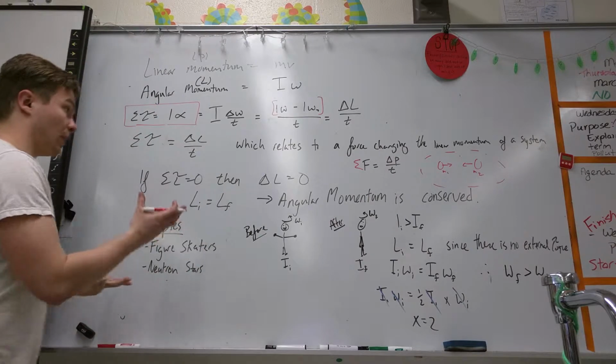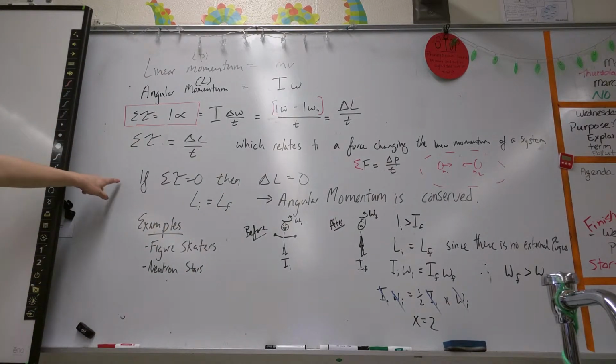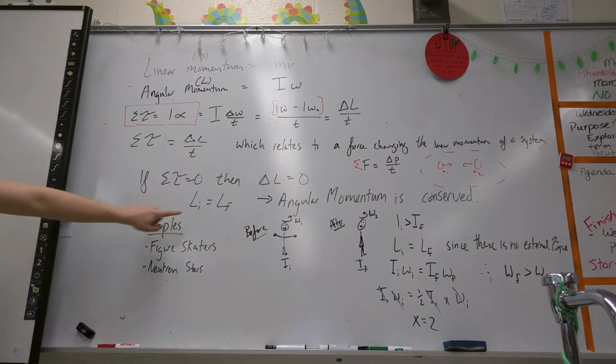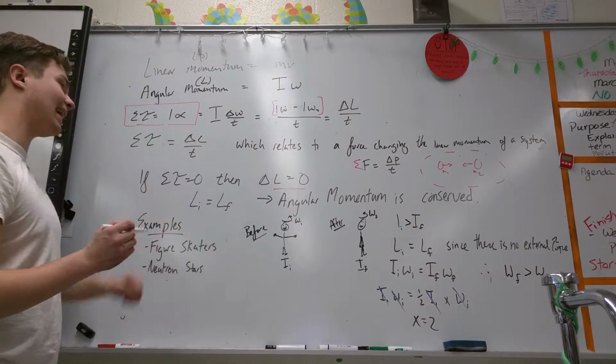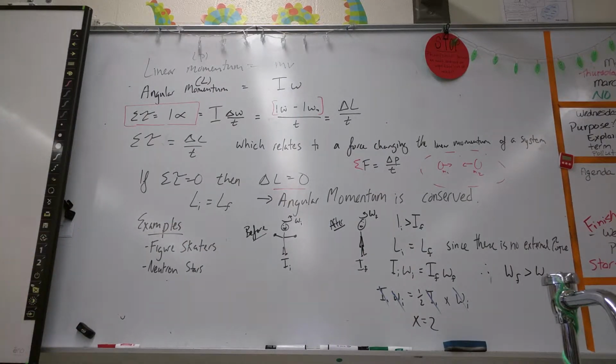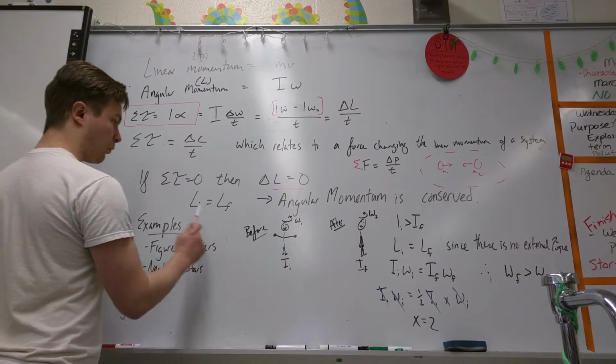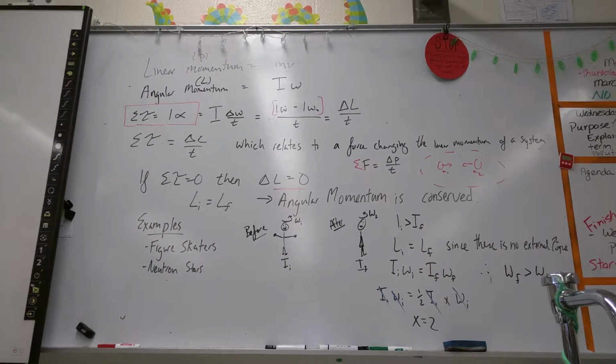We're going to make the same argument here. If we define the system correctly, then the sum of all the torques is 0. So the change in angular momentum must be 0, which means that angular momentum, like linear momentum, is conserved. So Li equals Lf for the right system, meaning the defined system where there's no external torque.